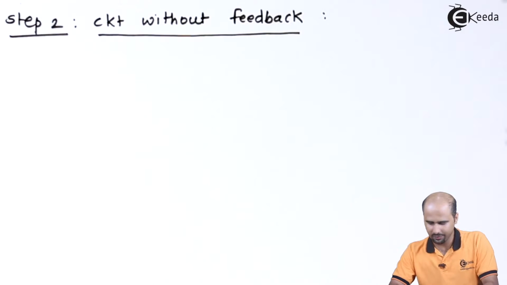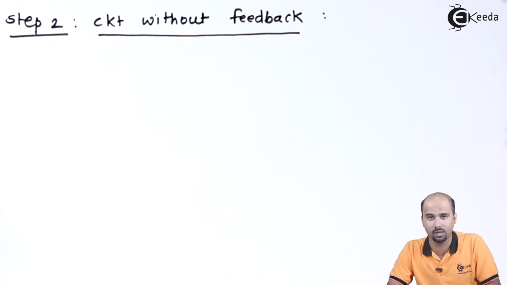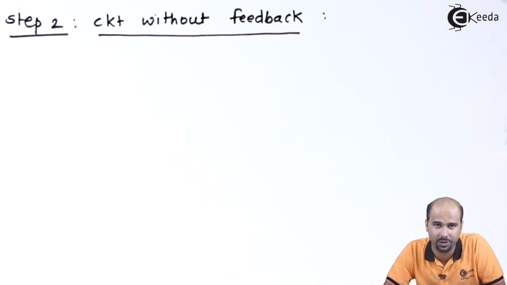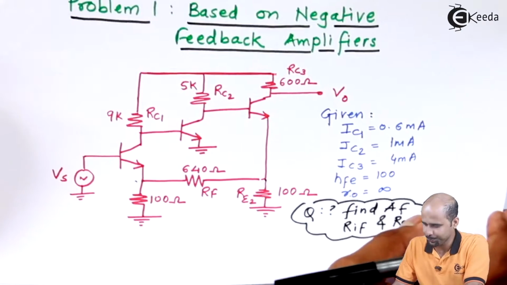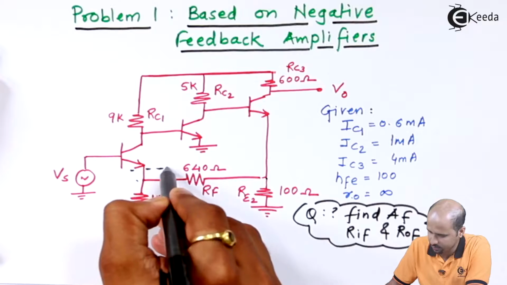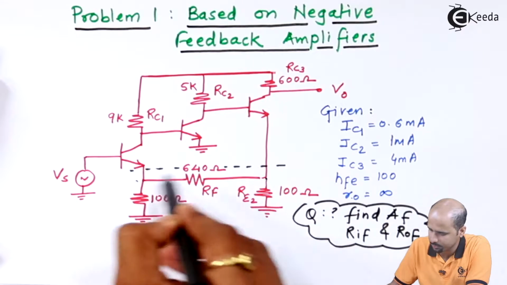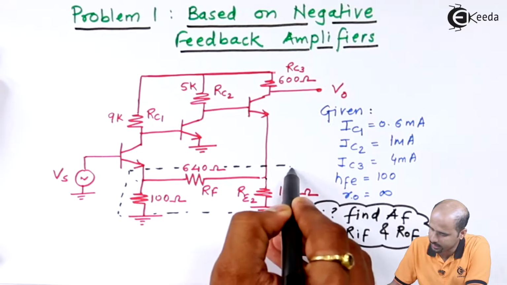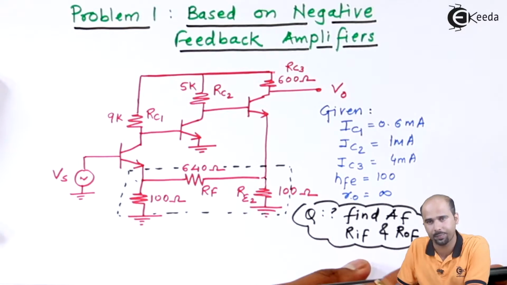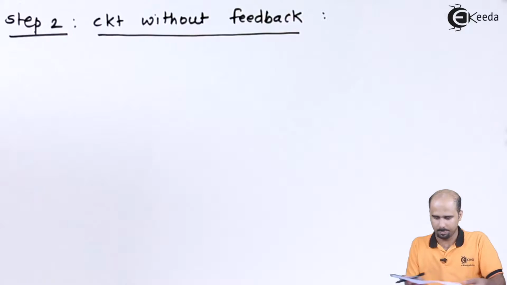Okay, circuit without feedback, if I have to find it, first of all we will draw the circuit for the B part. That means how to calculate that particular B. Here you can note that what is B? This is nothing but the feedback circuit. This completely gives you the idea regarding the feedback circuit.